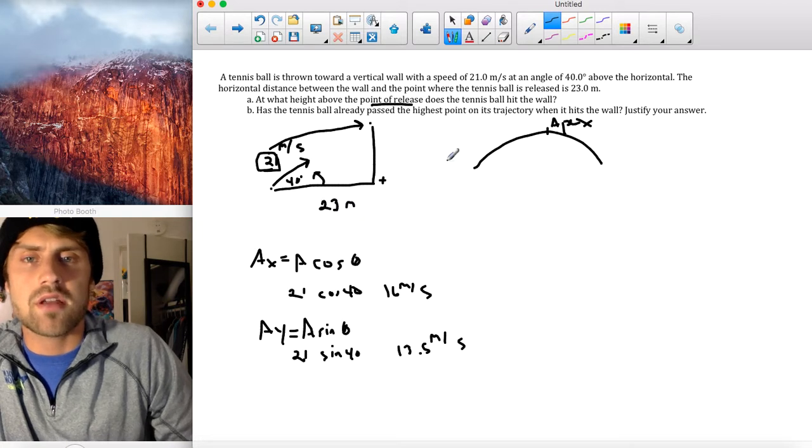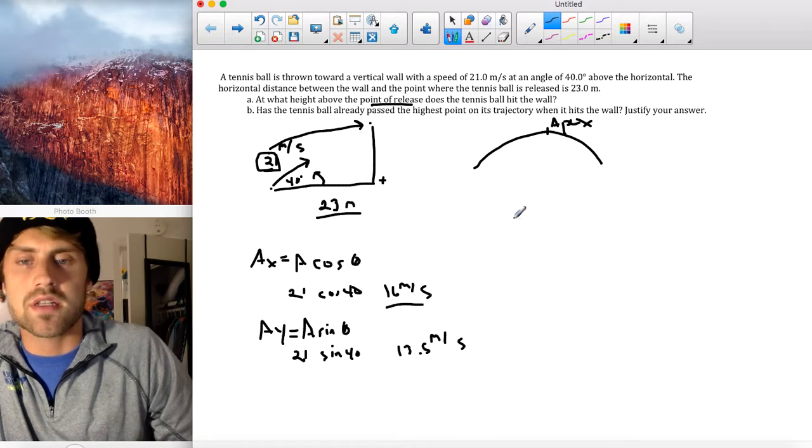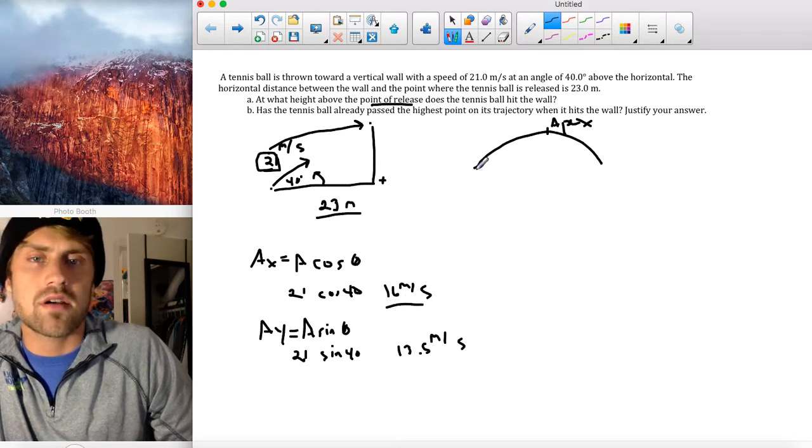I can do that because I know what my change in x is going to be, and I know what my velocity in the x vector is going to be. So my distance of x is going to be equal to 23. My velocity in the x axis is going to be 16.